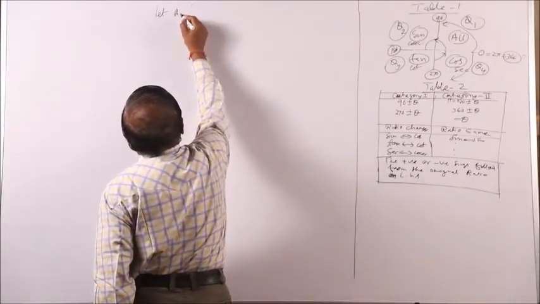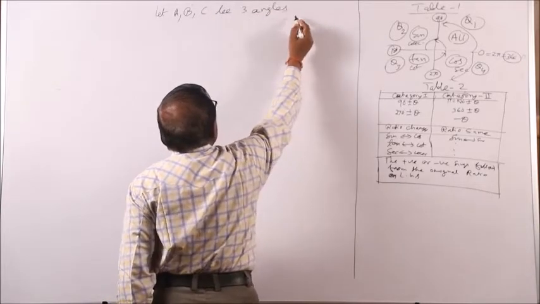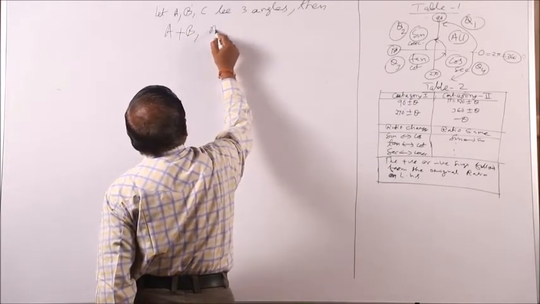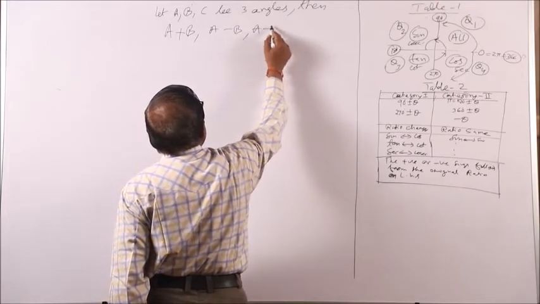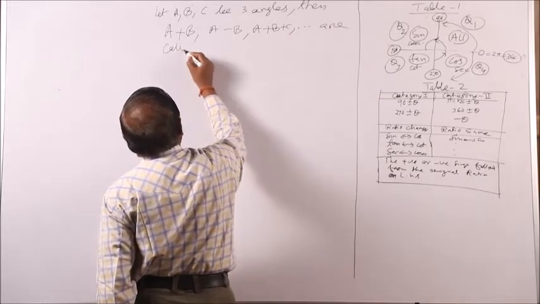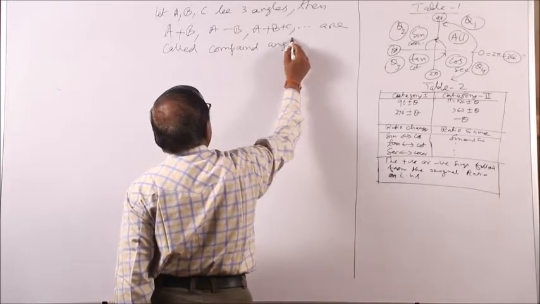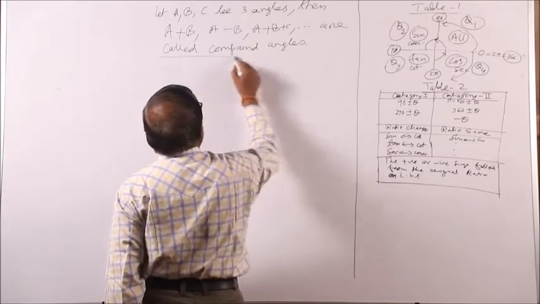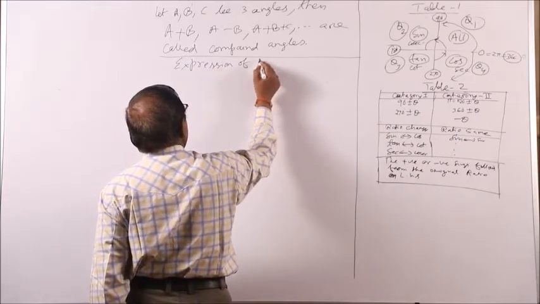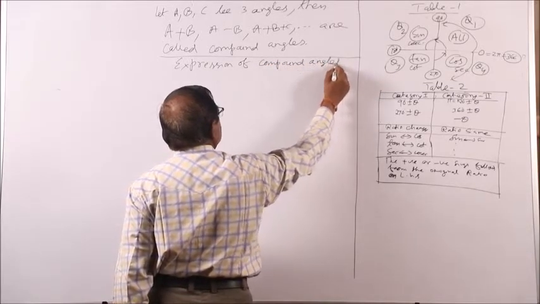Let A, B, C be 3 angles, then A plus B, A minus B, A plus B plus C all are called compound angles. We are interested in this expression of compound angles.